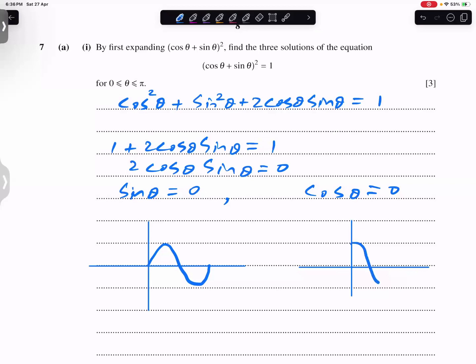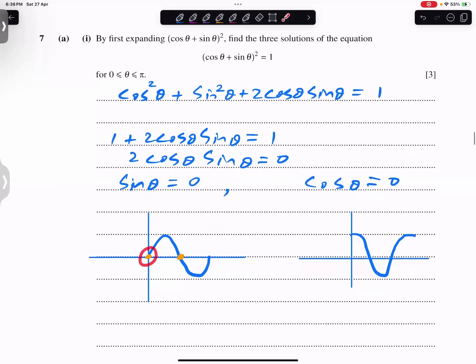So this is the graph of cos and sine. So let's say if sine is 0, so these are the 2 possible points in given domain, 0, pi. Also sine is 0 at 2 pi, but 2 pi is not included. Again, if cos is 0, so these are the 2 points where cos is 0. The first is 90 and the second is 270.